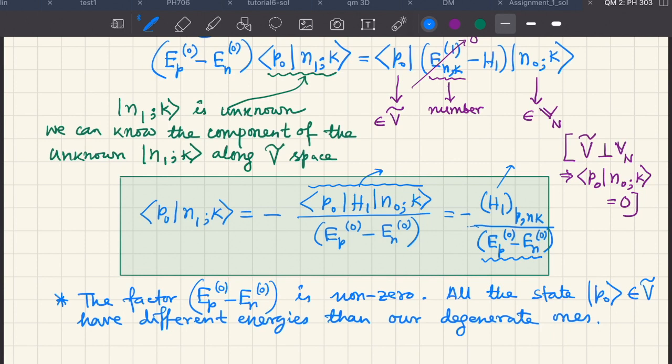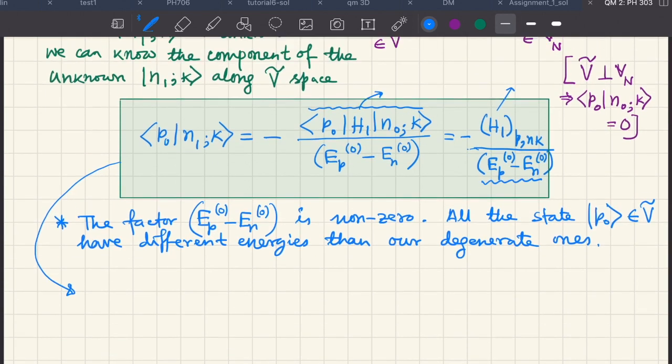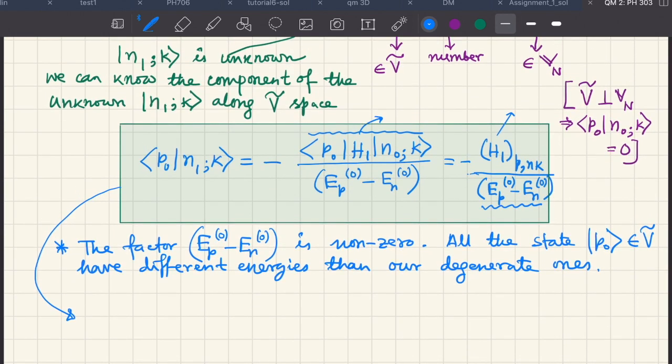So now you can still work on this equation, and you can just write this object n1 semicolon k as sum over P of |P^0⟩⟨P^0|n^1;k⟩.